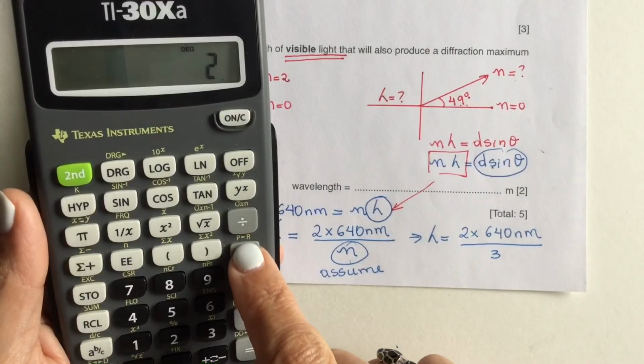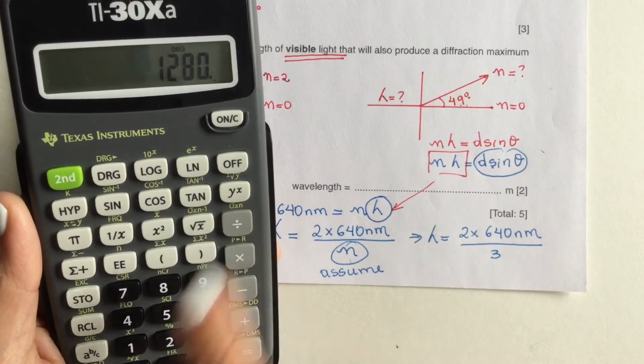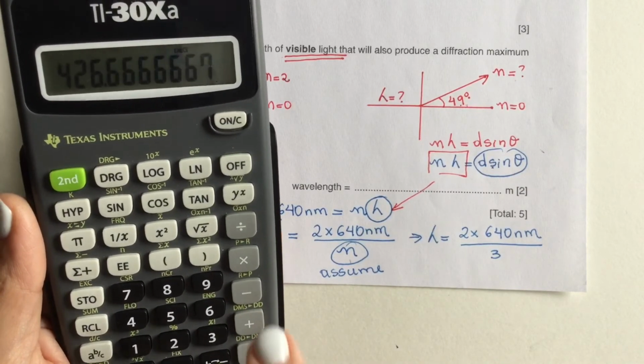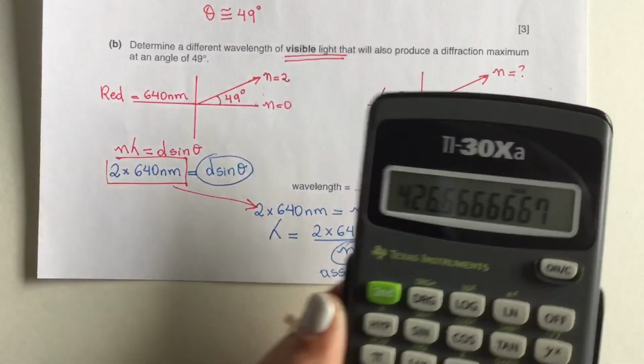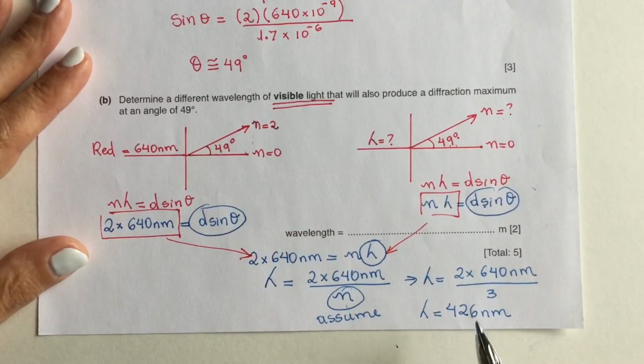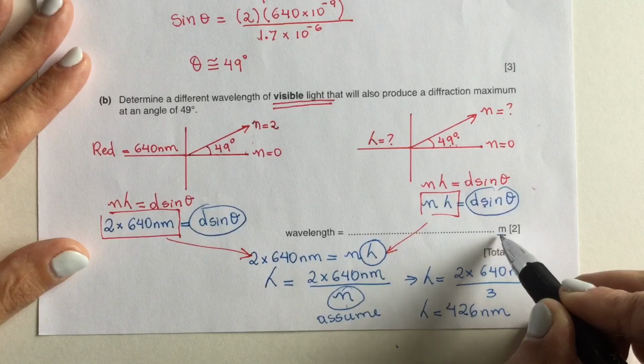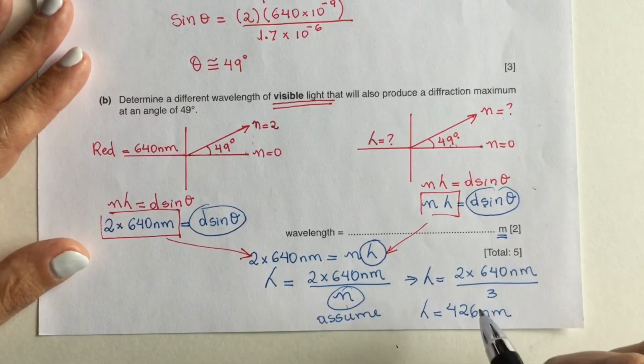So 2 times 640 divided by 3. The result of the calculation is approximately 426 nanometer. However, it is asking in meter, not in nanometer. So we have to do some work here.